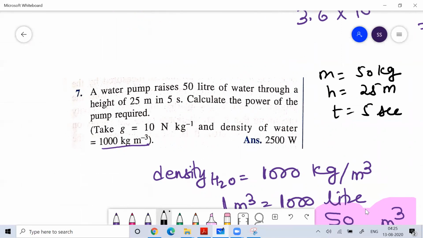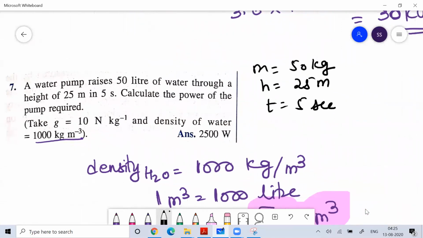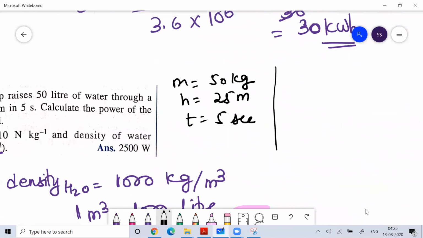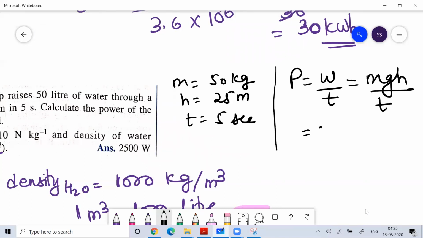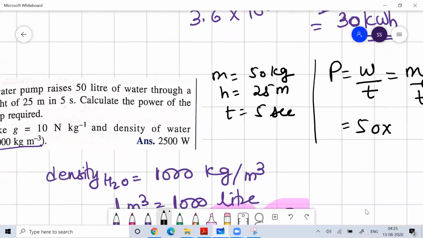Now I can easily calculate the power. So I know the formula of power. Power is work done by time taken. Work done is mgh, and the time is t. So this is 50. G is given to you, take G as 10.